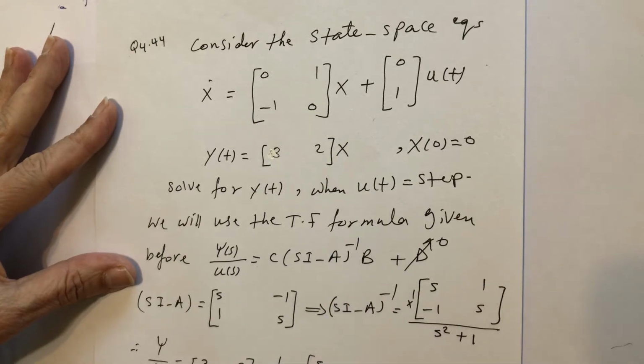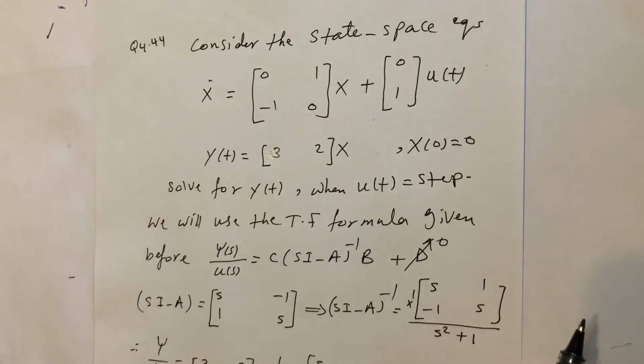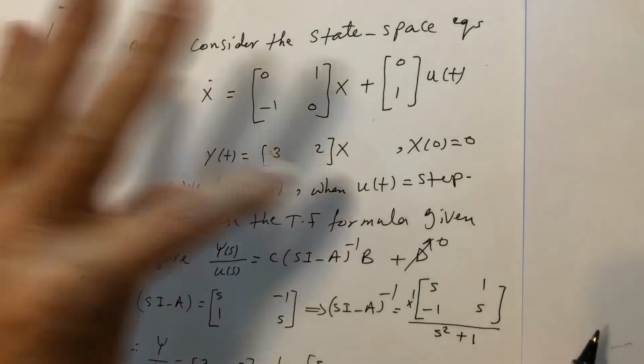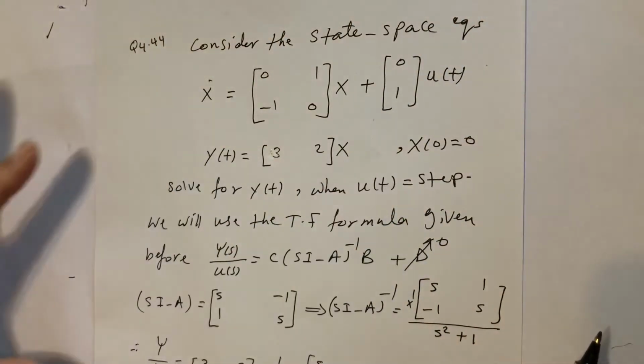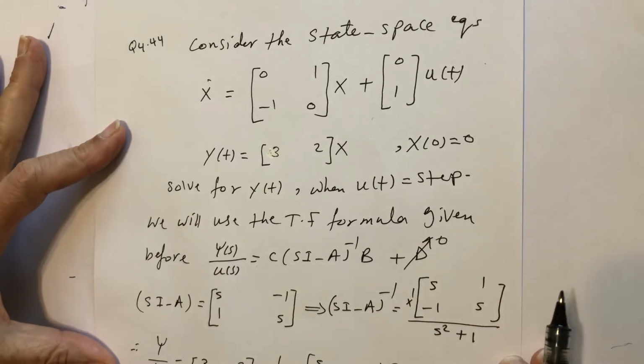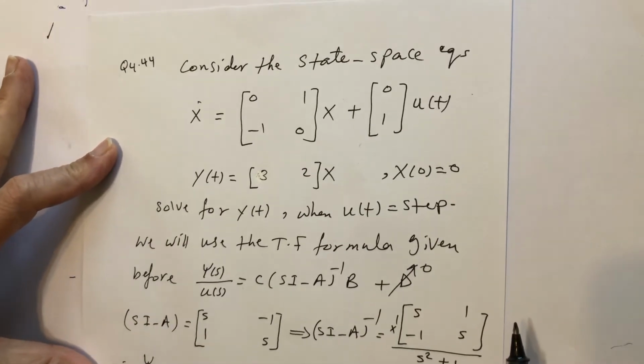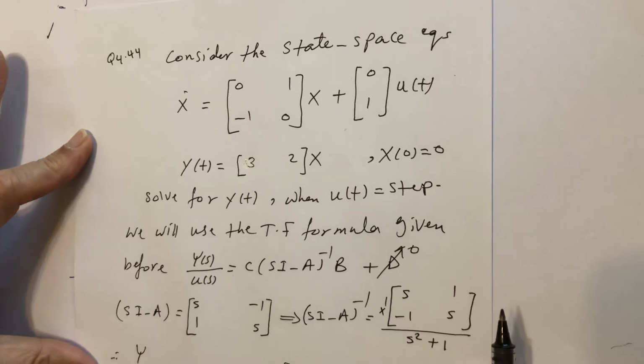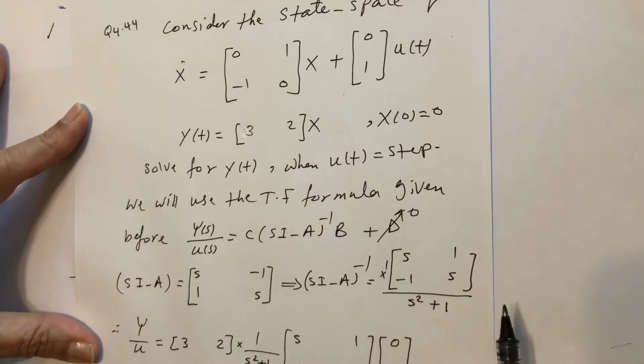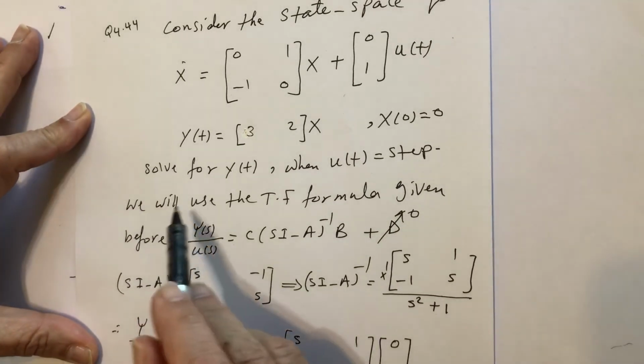We can use it to find the solution. So, what does he want? He's given me the state variable model of a system. Of course, we will take the initial condition equal to 0. Is it clear? Okay. Now solve for y of t.